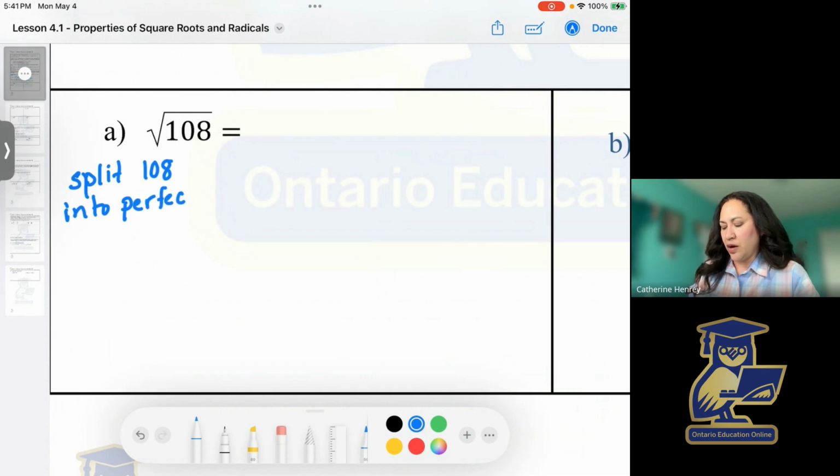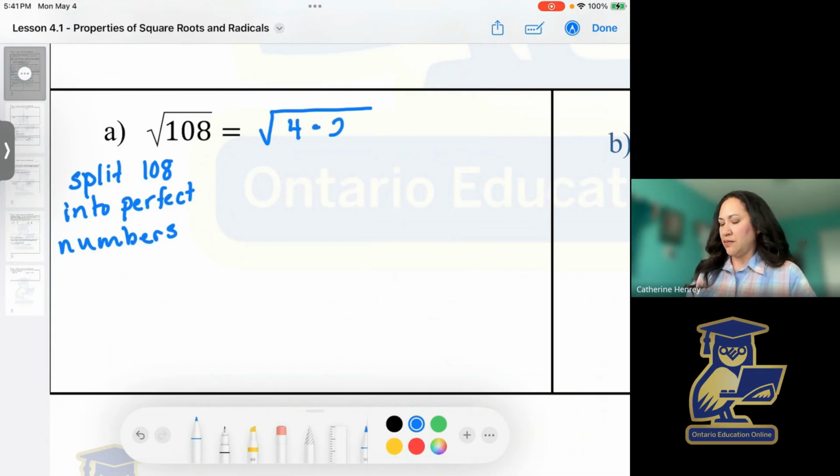And here is where it is helpful if you have an idea of perfect square numbers in your head. So we could split 108 into 4 and 27. And then we could further split the 27. So we could have 4 times 9 times 3.